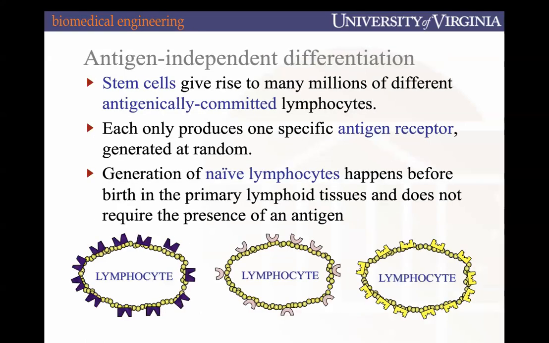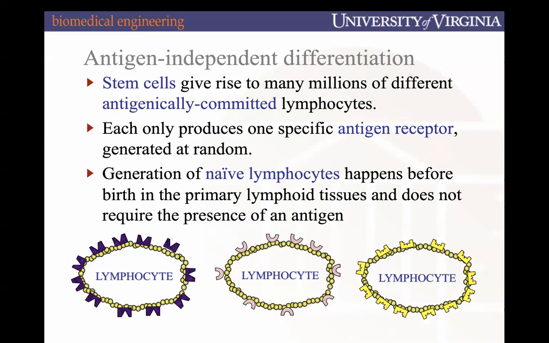There are two means by which differentiation can occur in lymphocytes. We can have antigen-independent differentiation, which means differentiation is happening in the absence of antigen. And then we have antigen-dependent differentiation, which means it's happening in the presence of antigen and requires it. We have our hematopoietic stem cells and our lymphoid progenitor that these lymphocytes originate from.